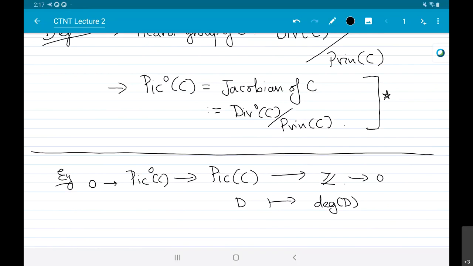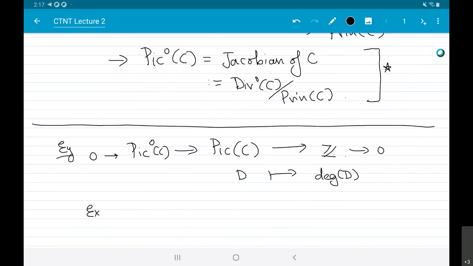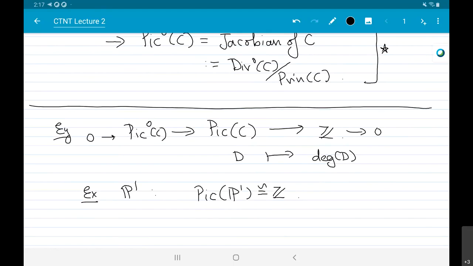Here are some things that you can do. Again, this does not require much background in algebraic geometry, just an understanding of what P1 means. You can show that Pic of P1 is actually isomorphic to Z. You can show this by showing that every degree zero divisor is actually principal.